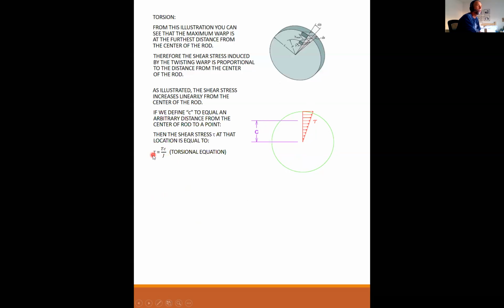And so you can see that the shear stress is directly proportional to C. C is the distance from the center to the end. If C is equal to 0, there is no shear stress.